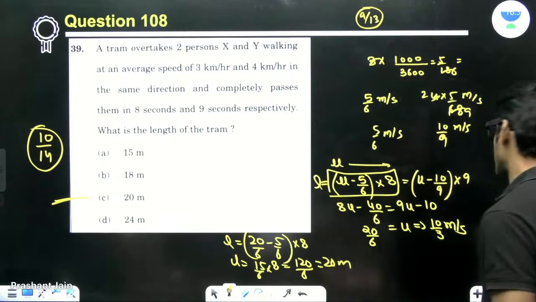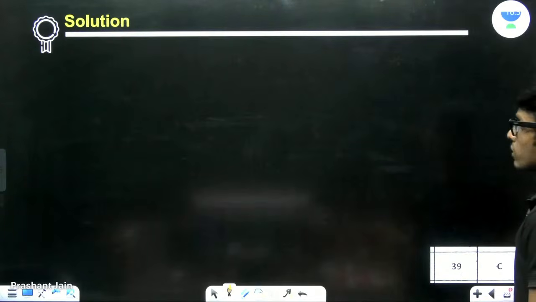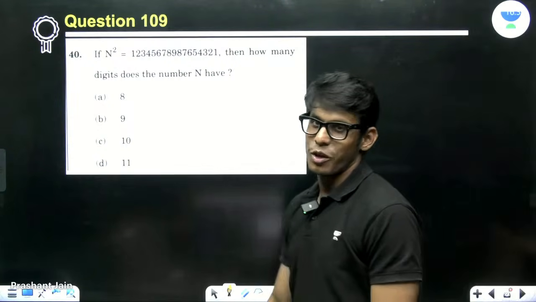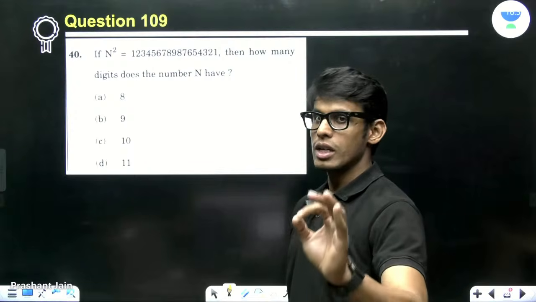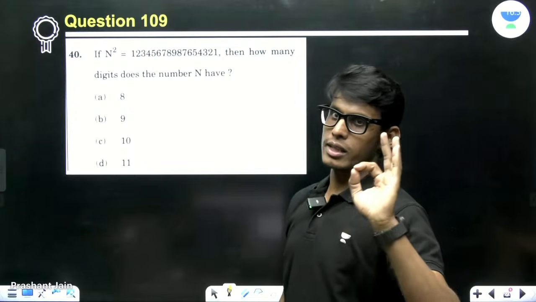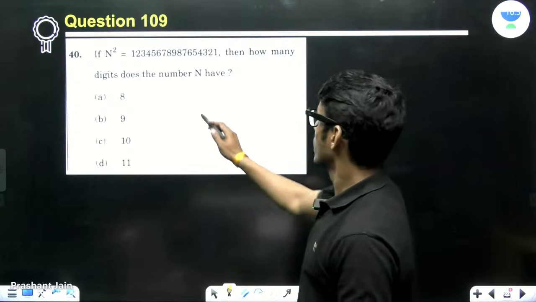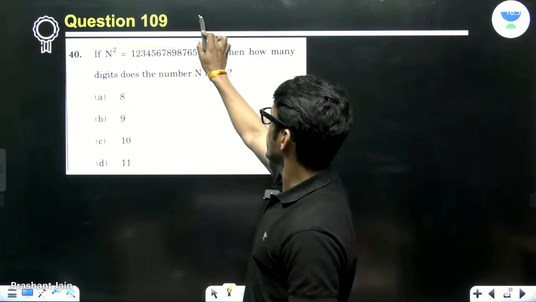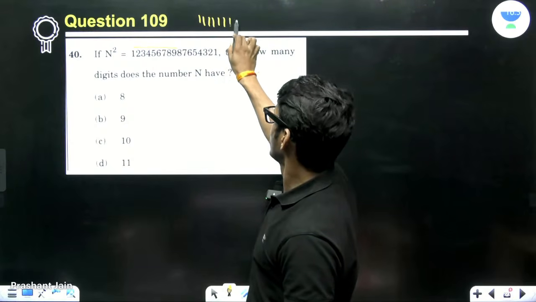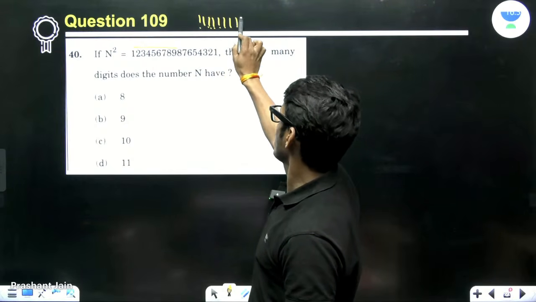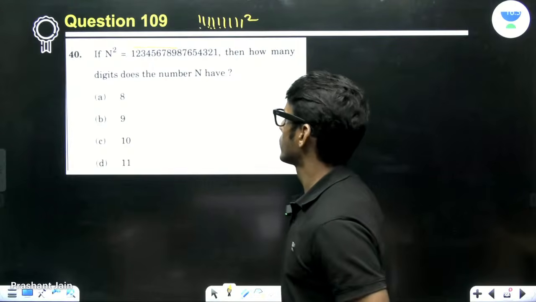Next up. Now you would not believe, this is a concept given in 8th class NCERT. Chapter name is the second chapter, square and square roots. If it is till 9, it will be 1, 2, 3, 4, 5, 6, 7, 8, 9. This is the one.